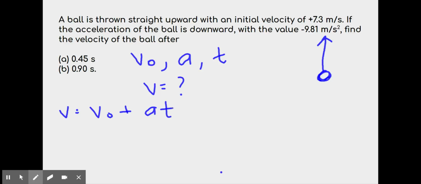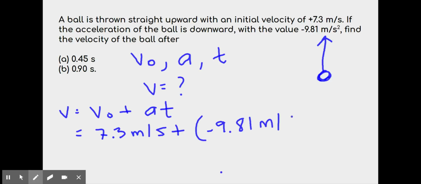So let's plug in what we know. We know that that initial velocity is 7.3 meters per second. And we know that our acceleration is negative 9.81 meters per second squared. And the time we are looking at in part A is 0.45 seconds.